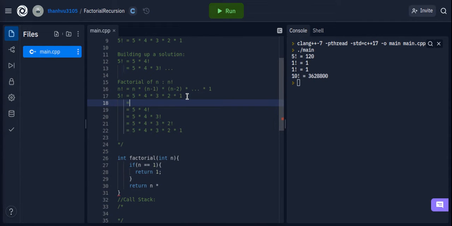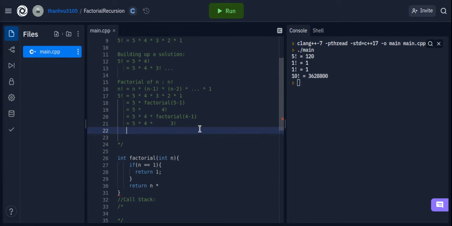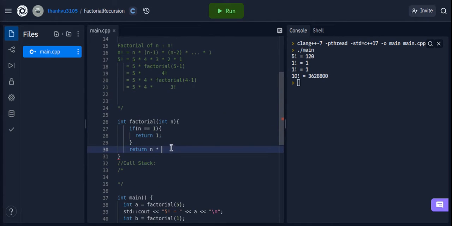In this case we have 5 times the factorial of 5 minus 1, and this will keep going. Then 5 times 4 times the factorial of 4 minus 1, which is 3, and we keep going until we reach 1, which is the base case. So factorial of n minus 1.